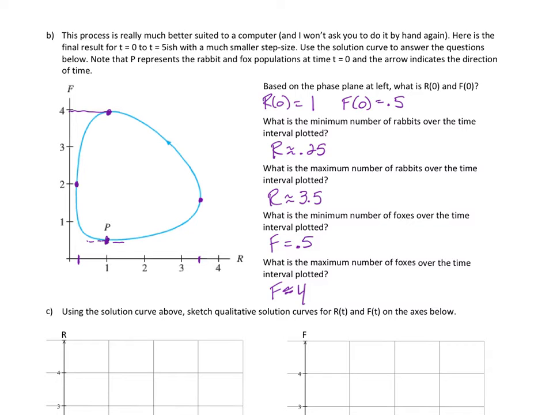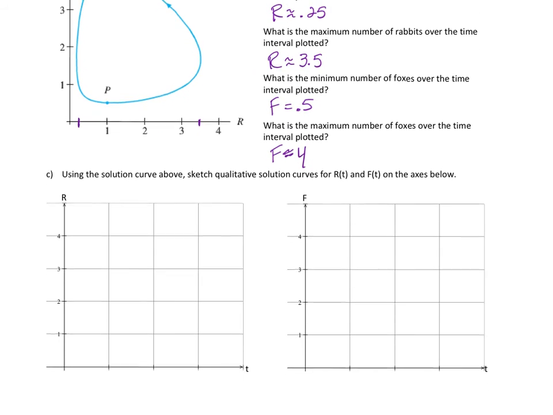Now I want to use the solution curve to sketch qualitative solution curves for R and F. Qualitative means I'm just looking for the overall shape, increasing and decreasing behavior. This is not a really accurate sketch.